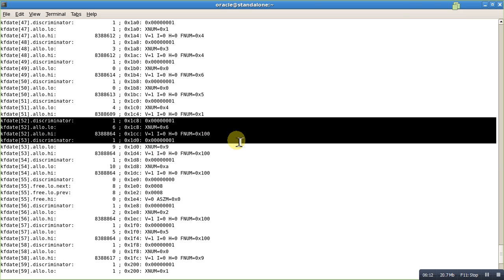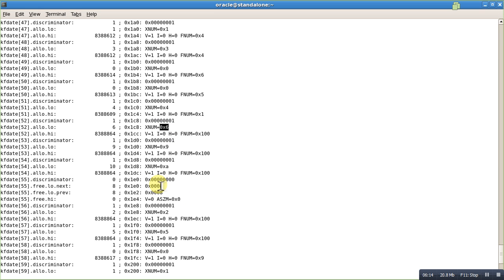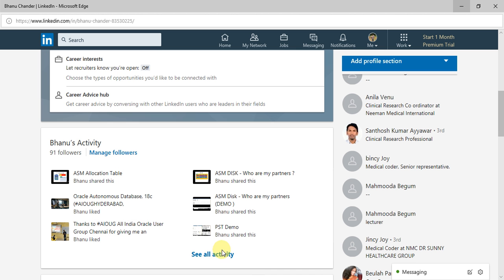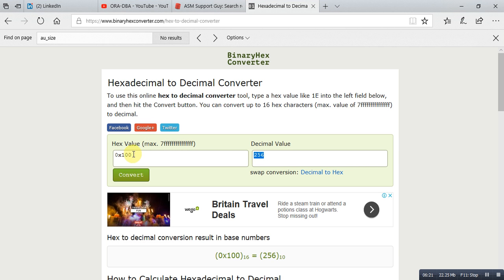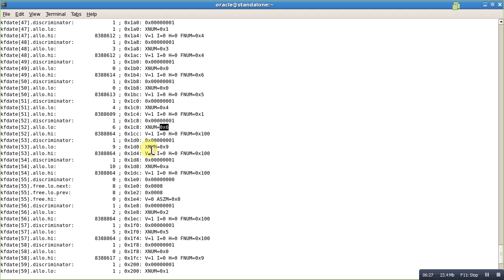So here we can see the extent number. Just convert this into the decimal value. So we have extent 6 here, and this could be extent 9.